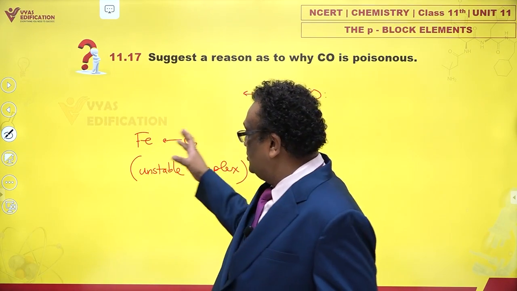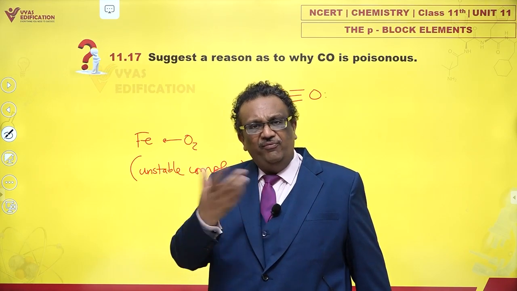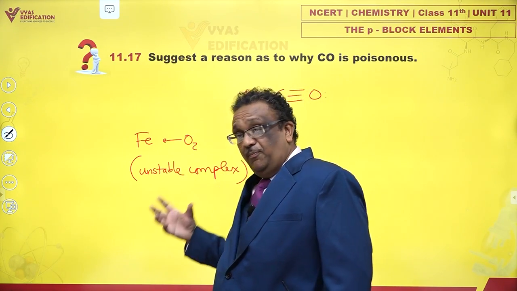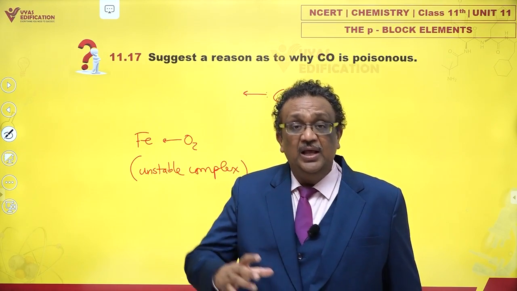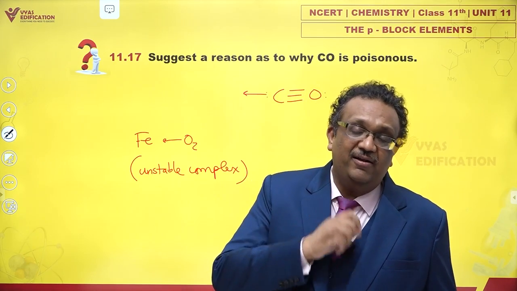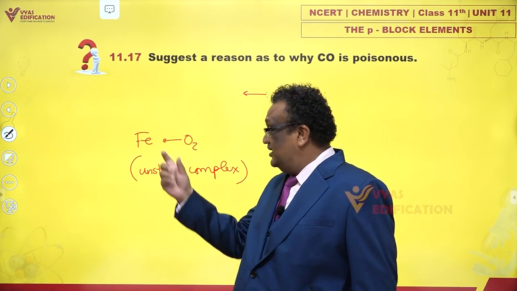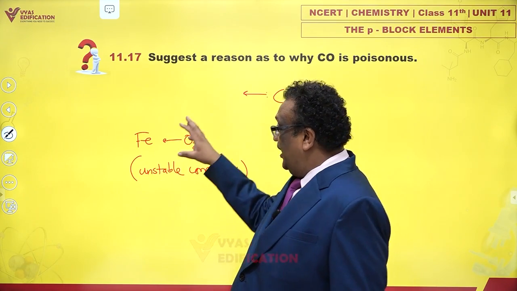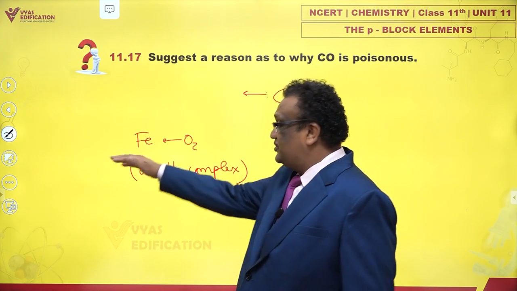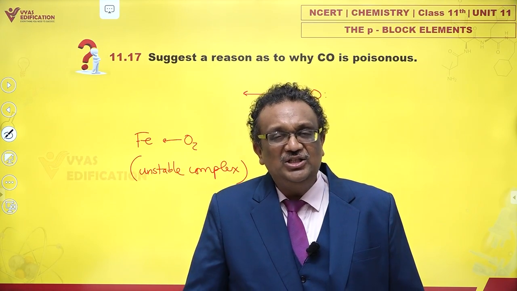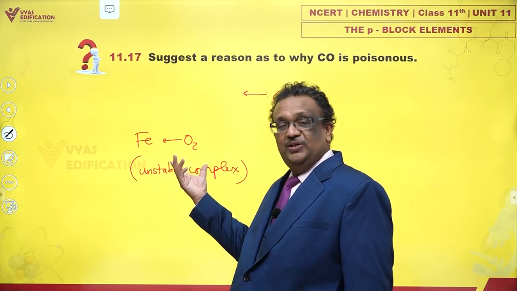Why does this oxygen get dissolved in blood? Oxygen is not very soluble in water anyways. What happens is that within blood there is a molecule called hemoglobin, and within hemoglobin there is an ion of iron, ferrous or ferric. This iron atom accepts a lone pair and forms a temporary, very unstable kind of complex with oxygen.